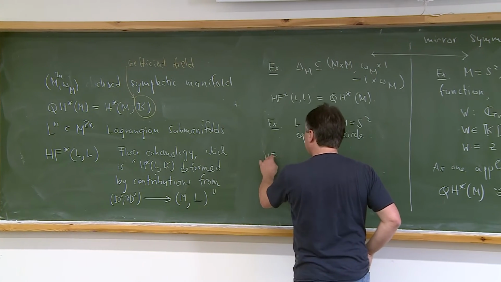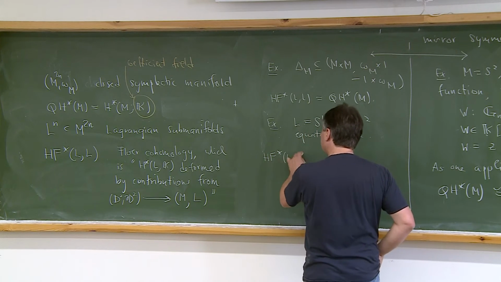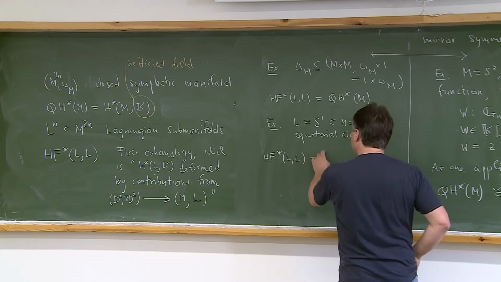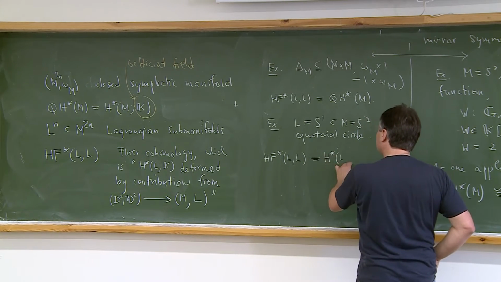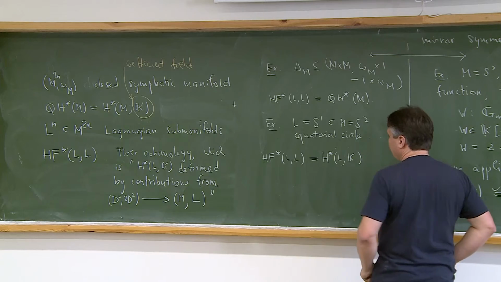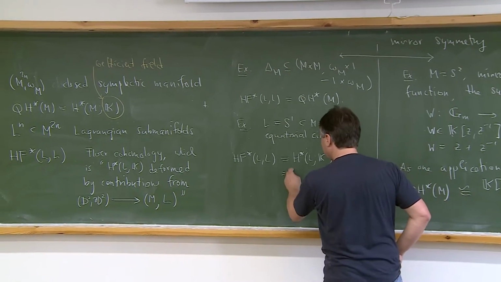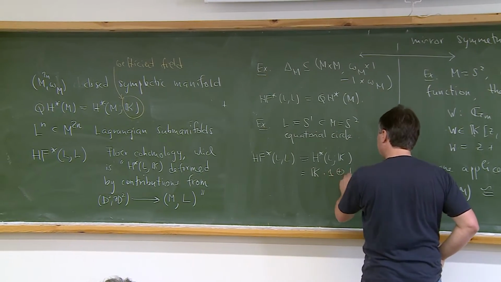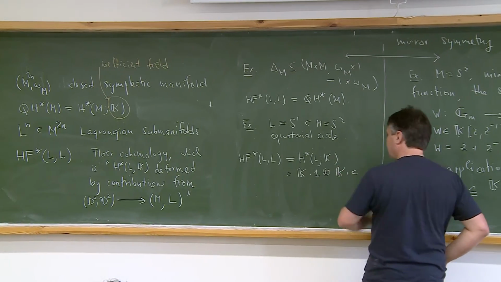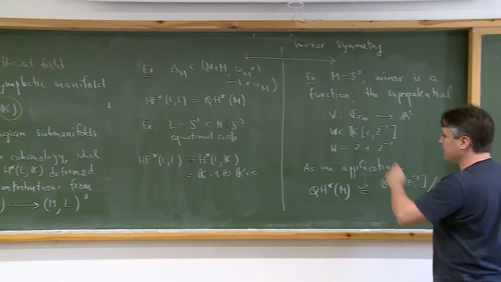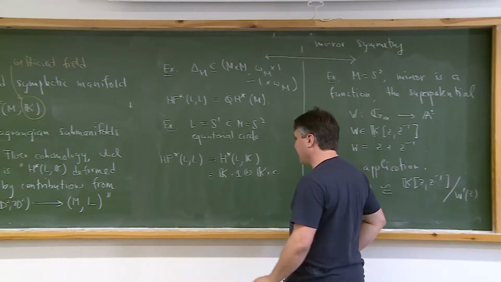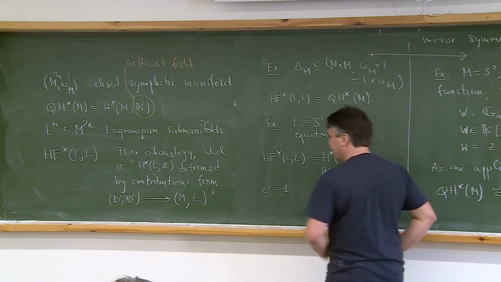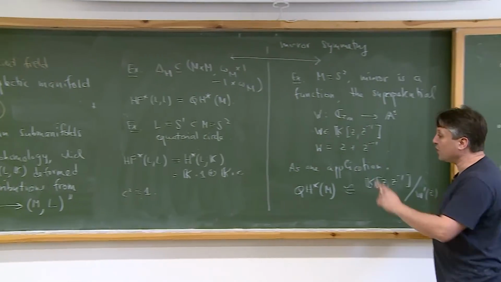So in this case, it's actually true that the Floer cohomology is the ordinary cohomology. Okay, so this is probably better to use a different symbol here, C. So this is the generator of degree 1, and C squared is equal to 1 in the ring structure on this Floer cohomology.